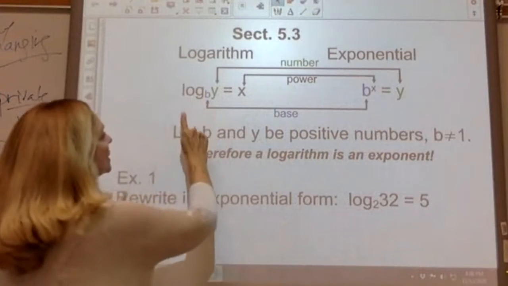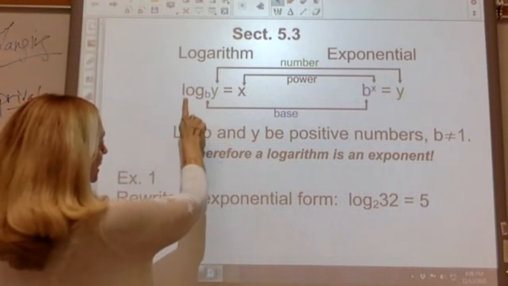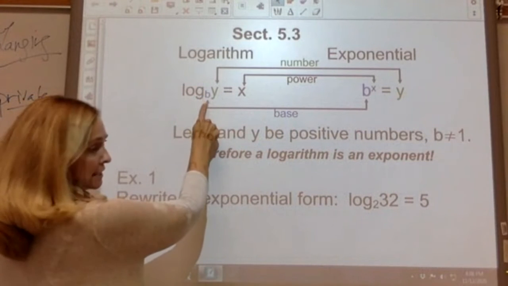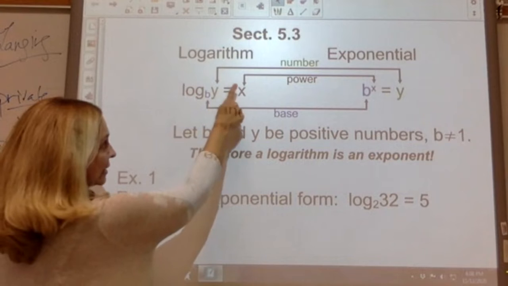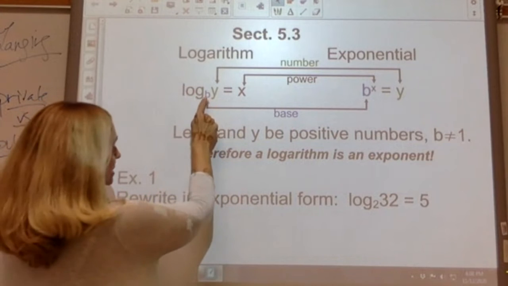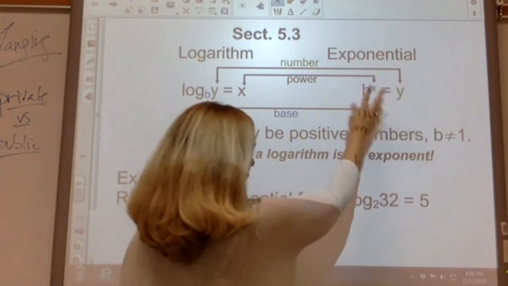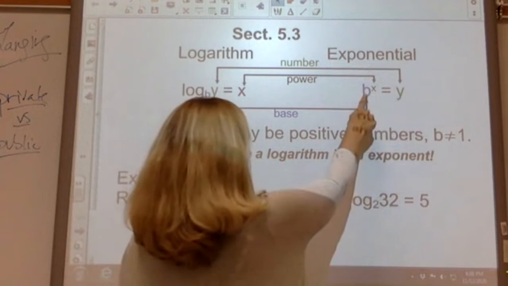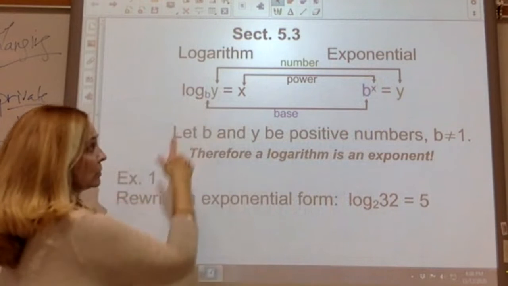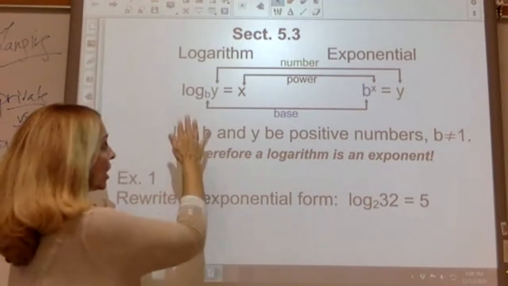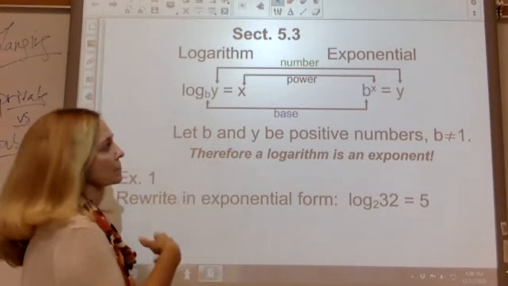Over here, the way you would read this, you would say log base b of y equals x. So this little subscript is the base. That would be over here raised to the power. So this base becomes the subscript, and we still call it the base. Okay, log base b, log base whatever.